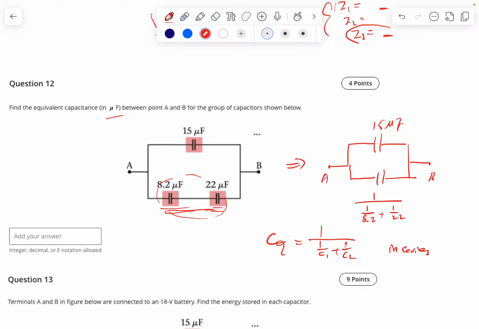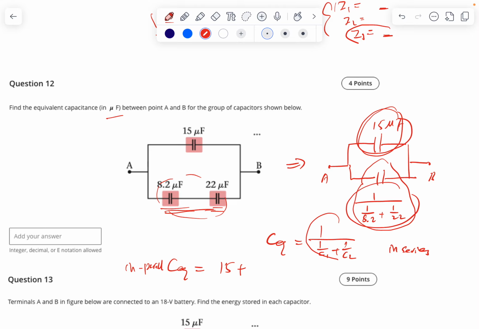Then you keep going. Then you combine this one and this one in parallel. This one equals, just add them together, 15 plus this whole group.